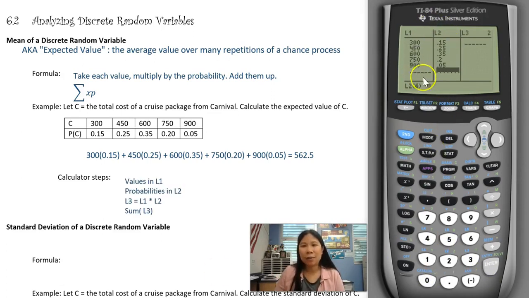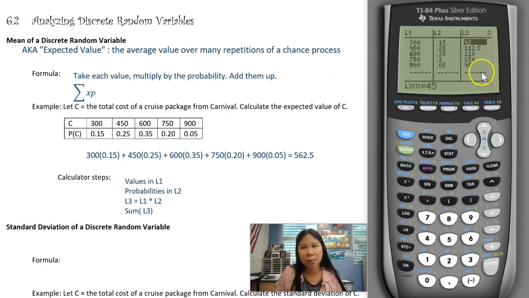Now that I have all my L1 and L2 values inputted, I'm going to go into L3. Our goal was to take all of our values and multiply them by our probabilities. All my values are in L1, so I'm going to multiply them by everything in L2. To do that, you need to scroll all the way up to L3 first, and then type in L1 times L2, enter.